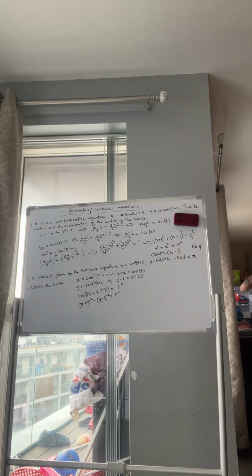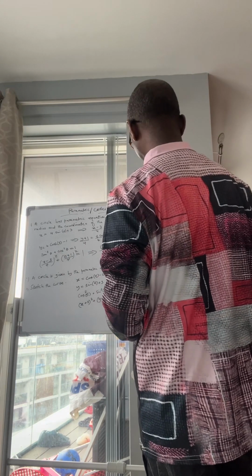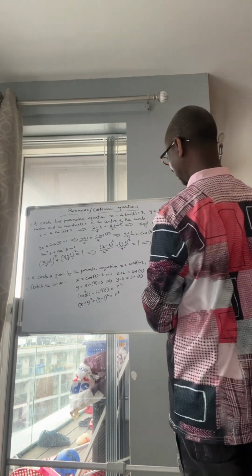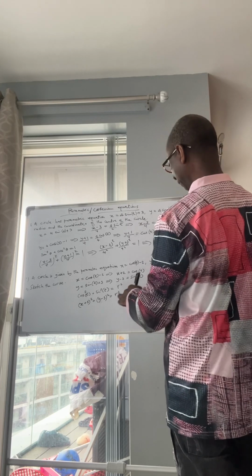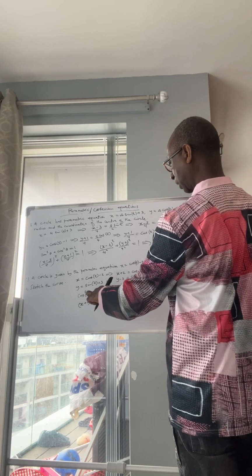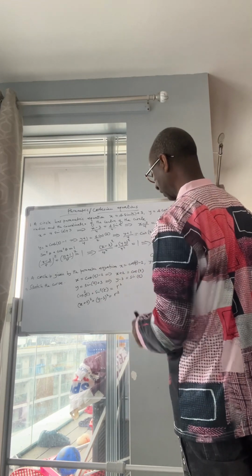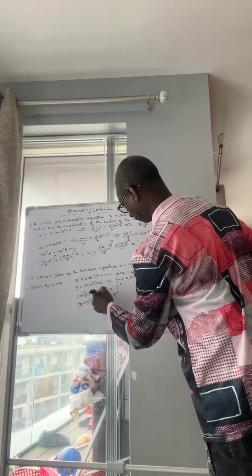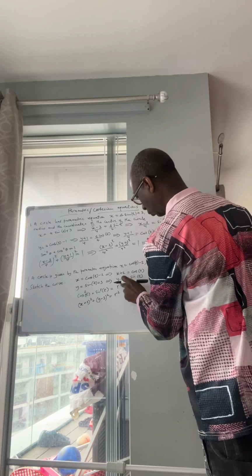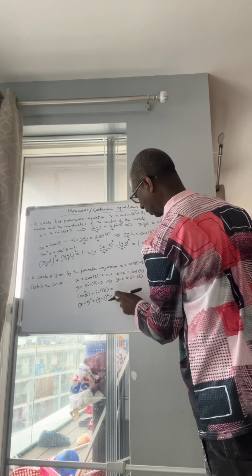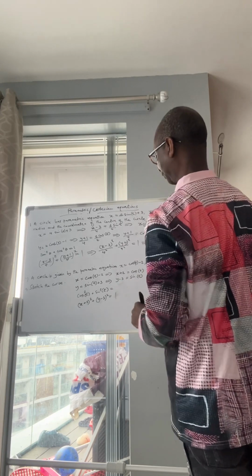This is a circle we have. You are asked to sketch this circle. And you know this is now a unit circle because sine squared theta plus cosine squared theta equals 1. Here, we could have said 1 squared, which is 1. So you can also put 1 here.